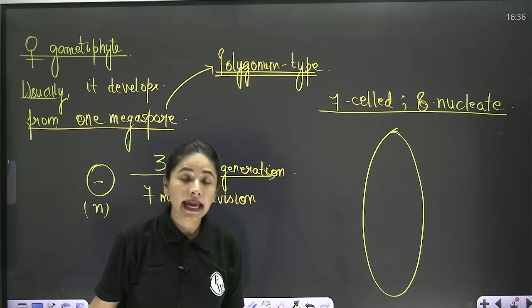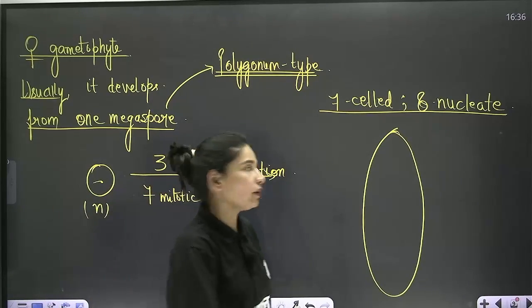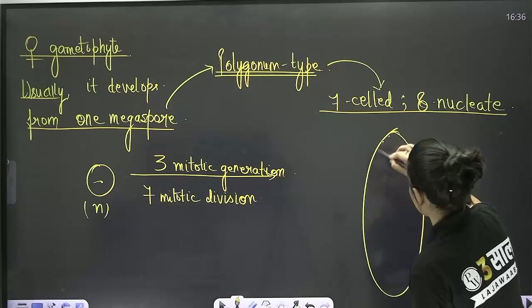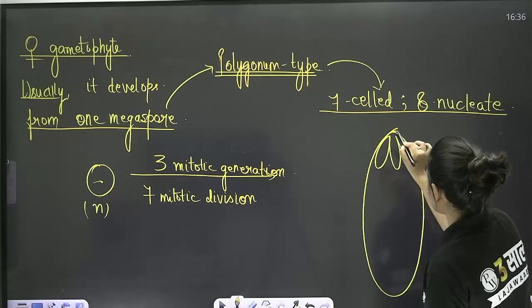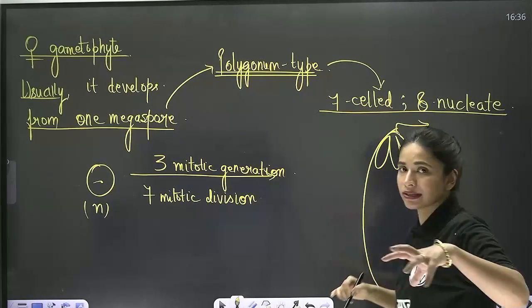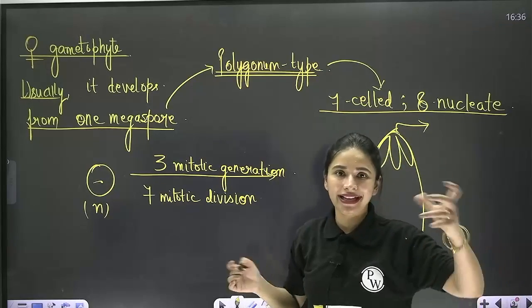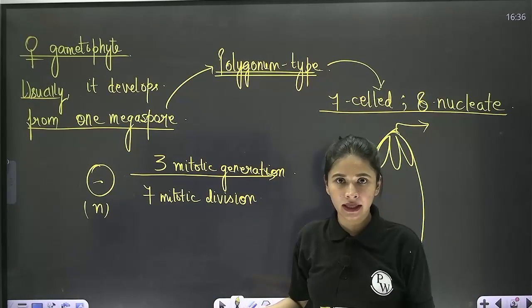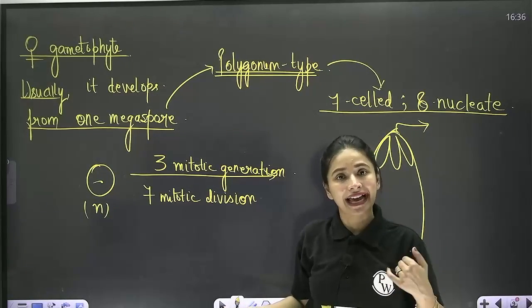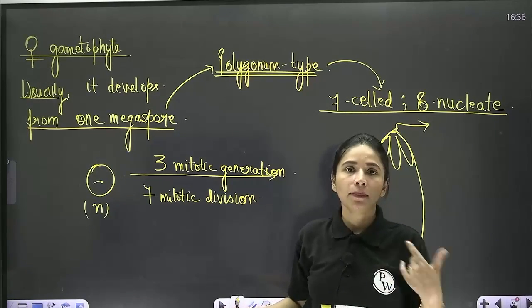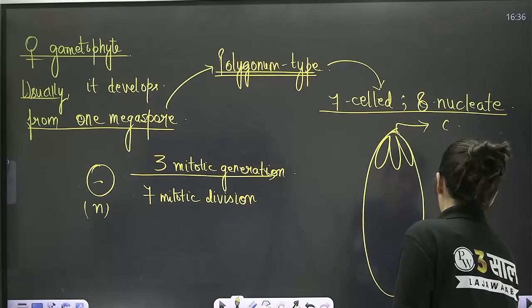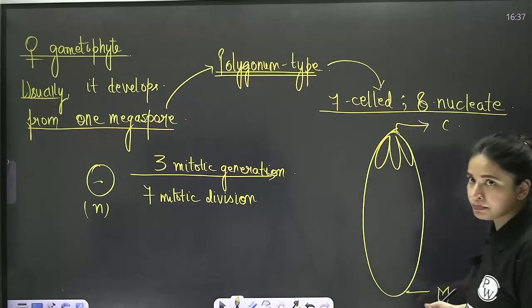This 7-celled 8-nucleate embryo sac is the polygonum type. Now you know the ovule is inverted, so even the embryo sac will be inverted; everything inside the ovule will be inverted. So even though chalaza is going to be at the base, here you're going to represent it at the top, and micropyle you're going to denote at the lower side.